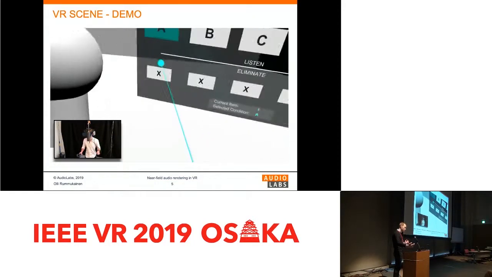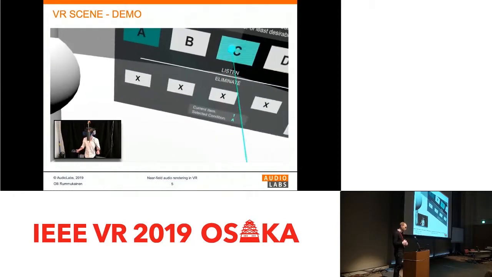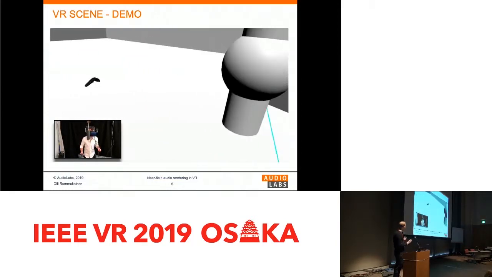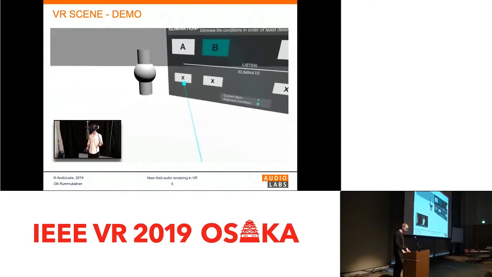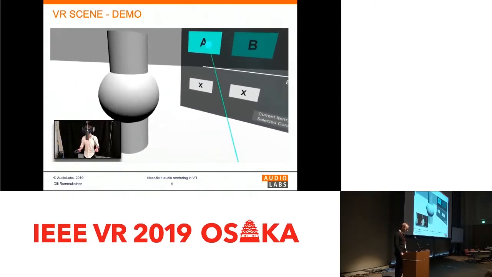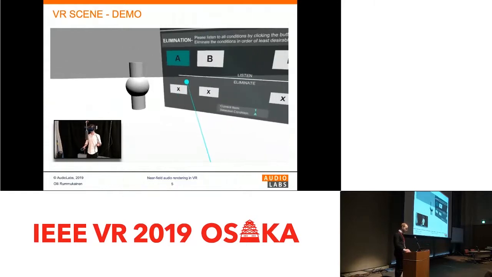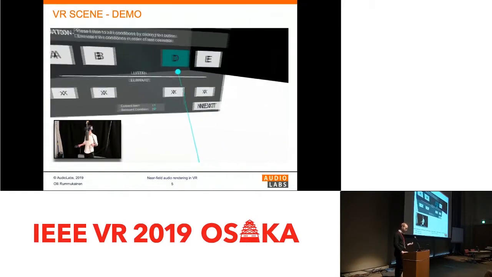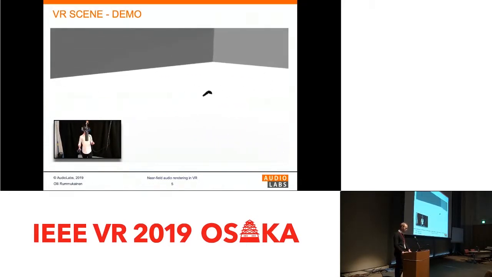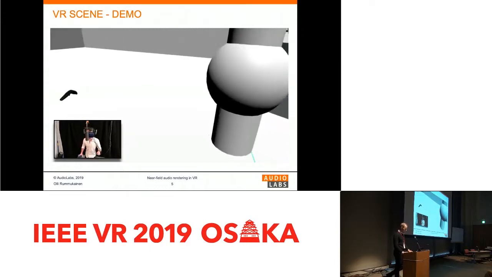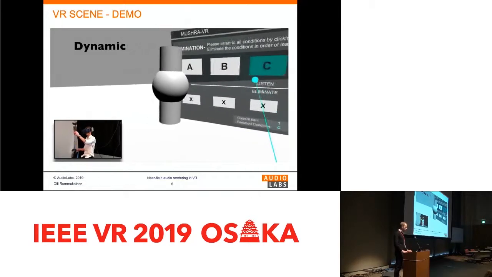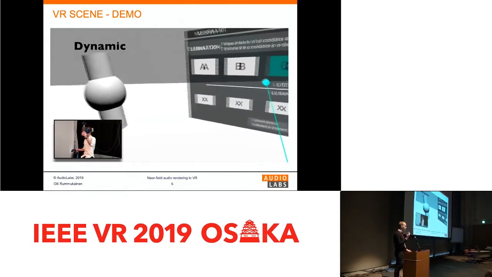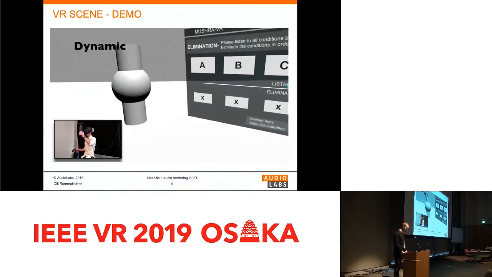We can produce sound from the real loudspeaker or from the virtual renderings, and it should work with instantaneous switching there. So in this case, he eliminated the C first, and then he would try to find the second worst, and so on. And then the dynamic case, so same task, but now he's actually moving the loudspeaker himself there.